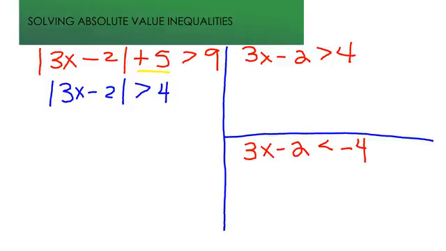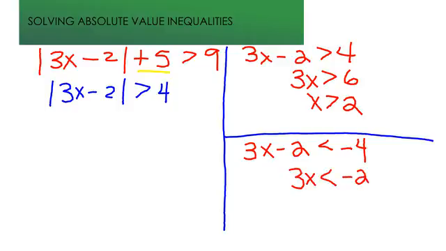If I add 2 on the top inequality, I get 6. And then if I divide by 3, I get 2. For the bottom inequality, if I add 2, I get negative 2.